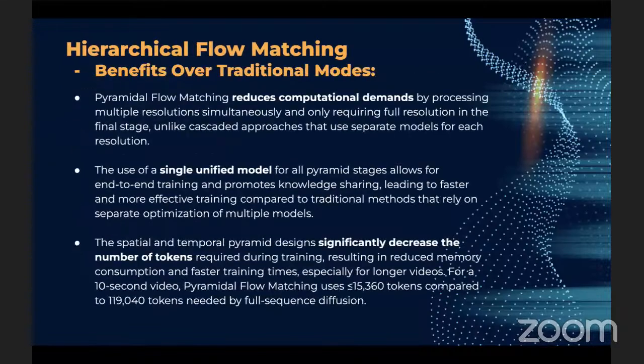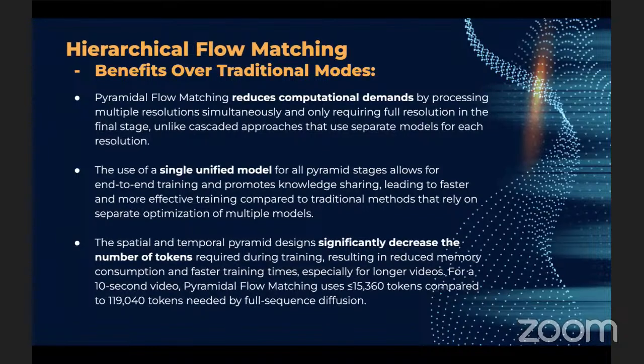of hierarchical flow matching. Hierarchical flow matching offers several benefits over traditional models. Reduced computational demands. It processes multiple resolutions simultaneously, requiring full resolution only in the final stage. This contrasts with cascaded approaches that use separate models for each resolution, leading to significant computational savings.